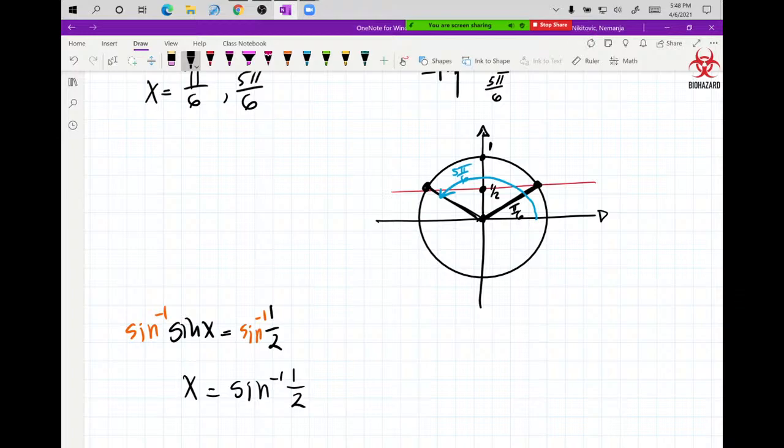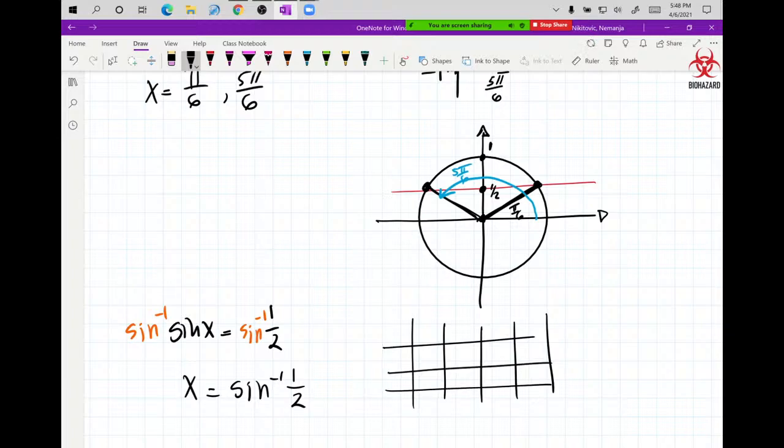Now, if you are recalling the chart of values that we did, that's the one that you have to use now. For sine, we had 0, 30, 45, 60, and 90. And we had values for this of 0, 1/2, root 2 over 2, root 3 over 2, and 1.